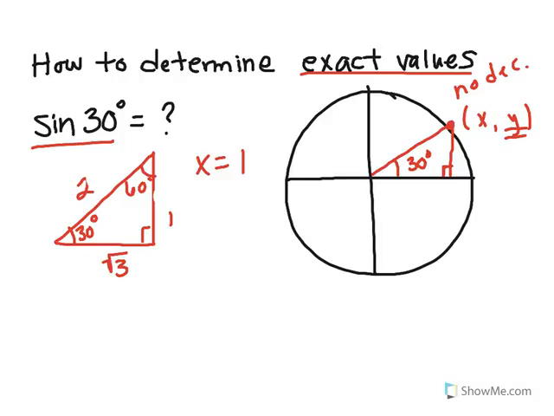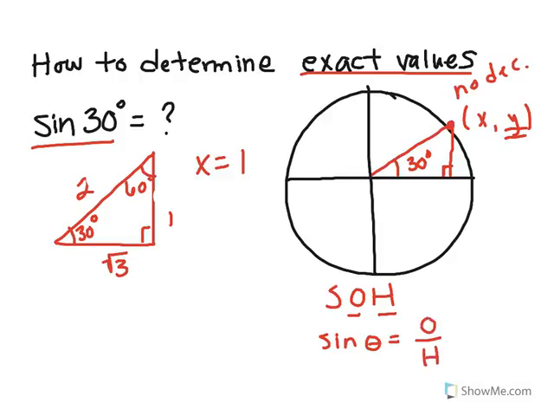Now, if you remember also from way back when, your SOHCAHTOA rules, sine happens to be opposite over hypotenuse. So I'm going to write that out. The sine of my degree measure is opposite over hypotenuse.